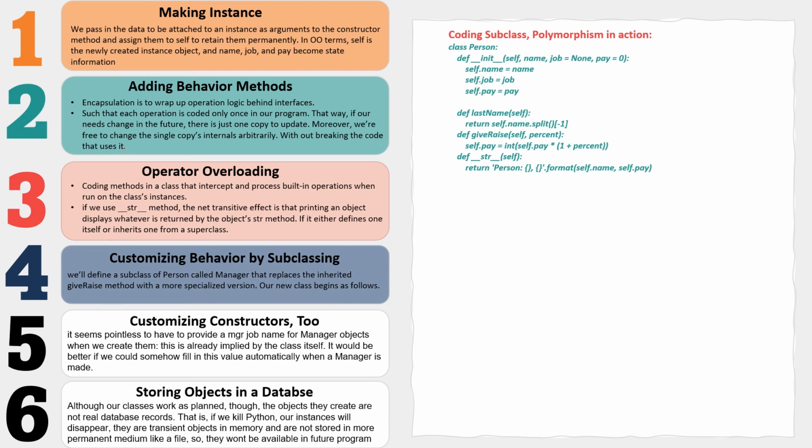That's the main idea behind OOP, after all: by fostering a coding model based upon customization of work already done, it can dramatically cut development time. Okay, now coding subclasses.